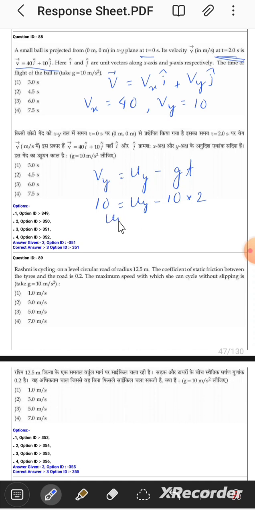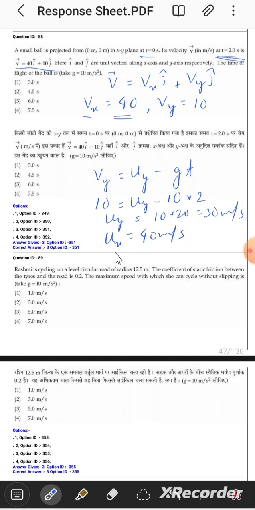So finally uy will become 10 plus 20 equals 30 meter per second. And along the x-axis, the horizontal component of velocity will not change. So ux will be 40 meter per second.